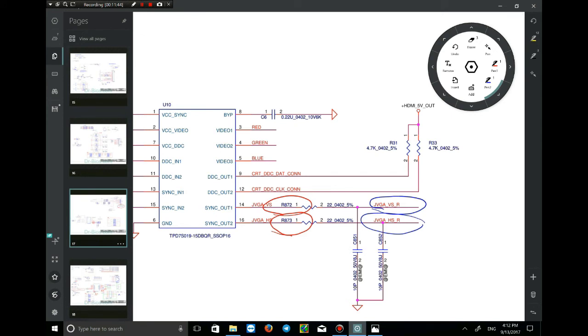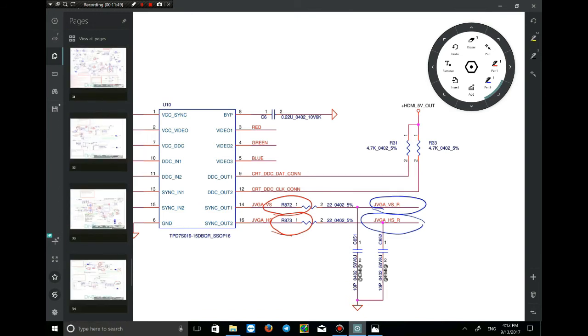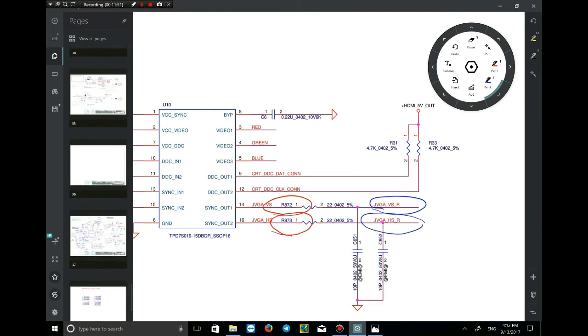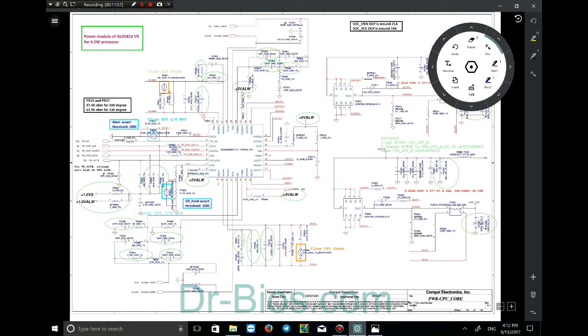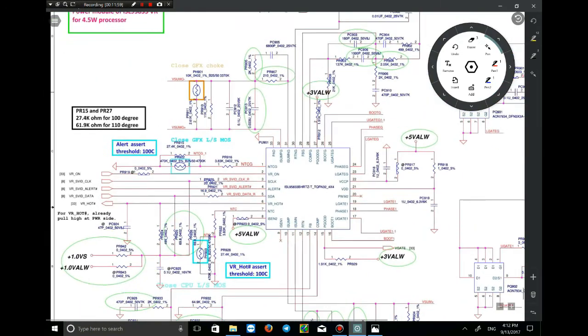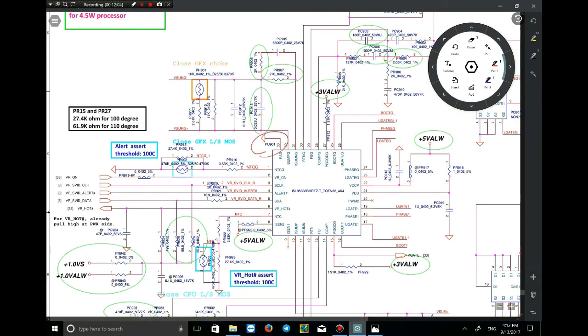Code 900 is on page 37 of this schematic. Code 900, PU 901, PR 916, PH 901.